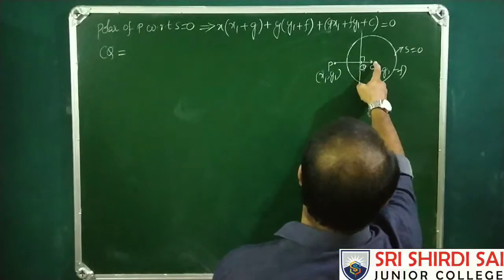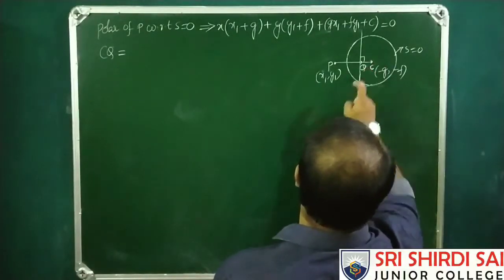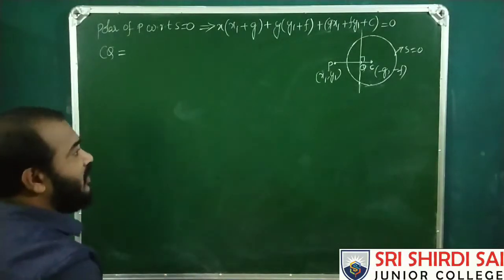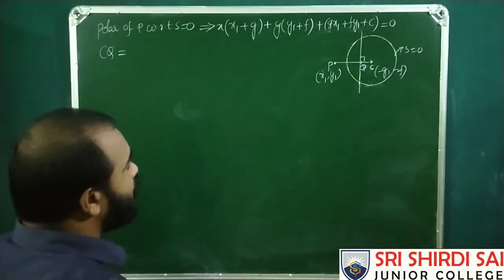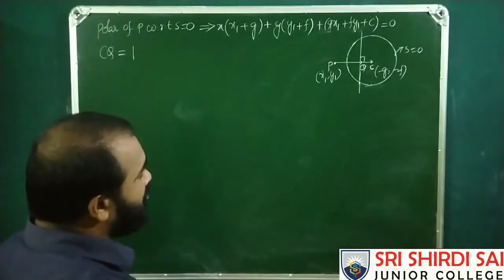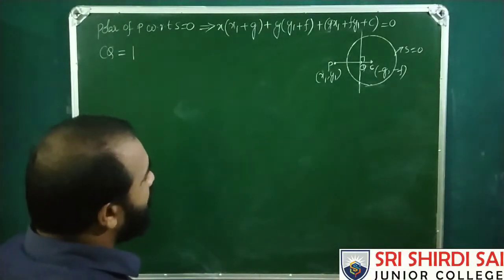Now CQ is the perpendicular distance from the center of the circle to the line. What is the perpendicular distance from the point x1 y1 to the line ax plus by plus c equals to 0? Modulus of ax1 plus by1 plus c by square root of a square plus b square.